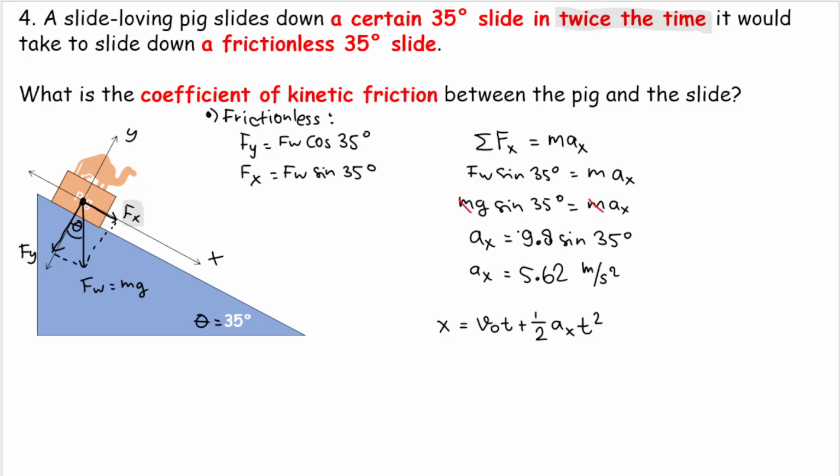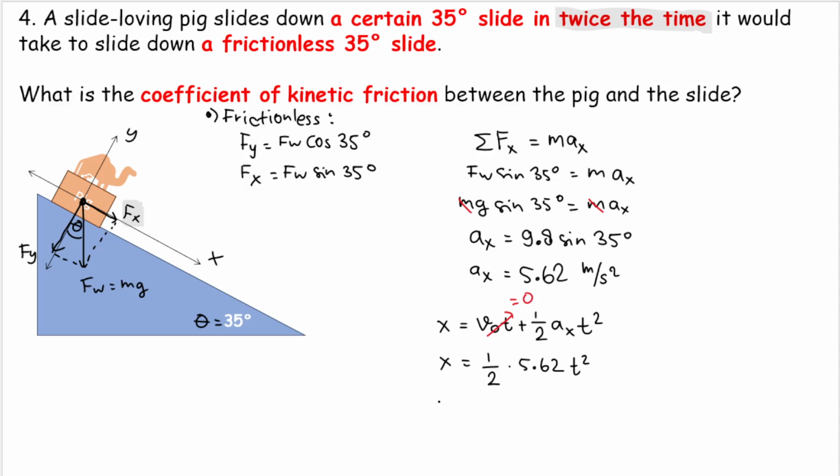Assuming that it does not have an initial push, v0 will be 0; it starts from rest. And so we will have x equal to 1/2 multiplied by 5.62 and then t squared.